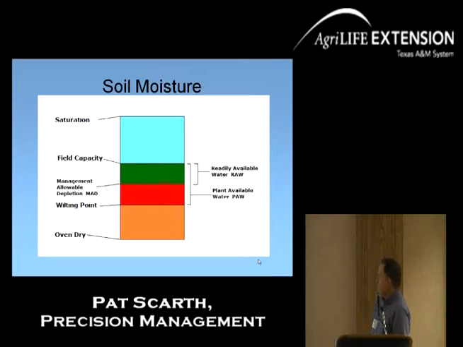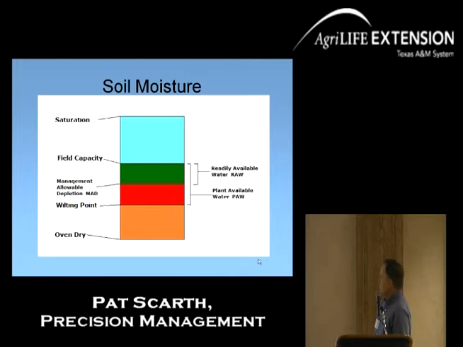And if we were to plant a corn plant in that bucket, it would pull the water down until it got to the wilting point. And at that point, the water can no longer move by capillary action. It's held so tightly by the soil particles. There's still water there, and if we dried it in the oven, we could dry it down. But this area right in here is what we call plant available water.